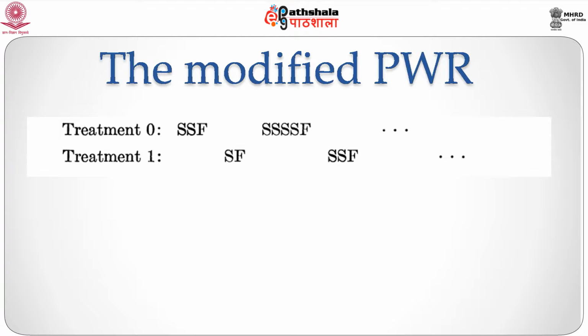At the first stage, we randomly allocate the first patient to treatment 0 and we observe a success for this patient. Having observed a success, we allocate the second patient also to the same treatment and again observe a success. As a result, the third patient is also allocated to treatment 0.